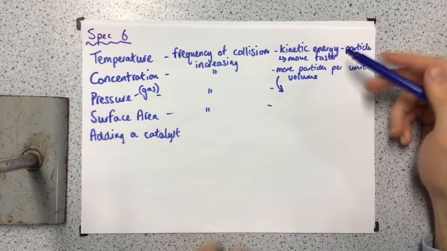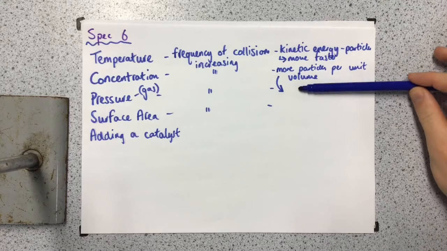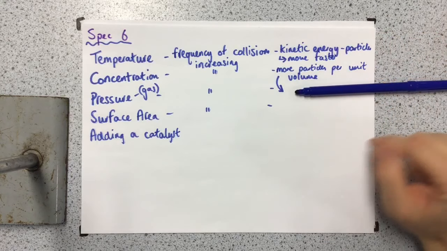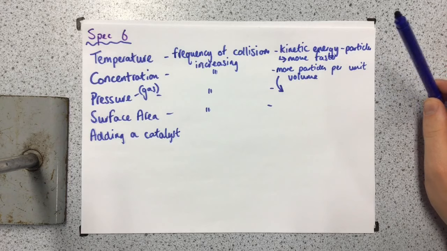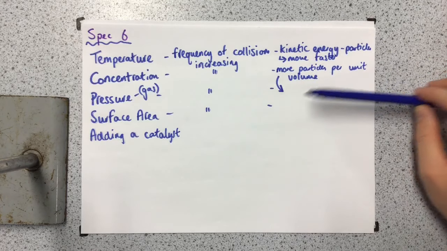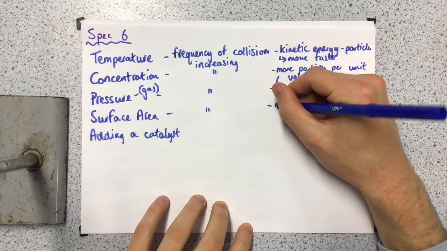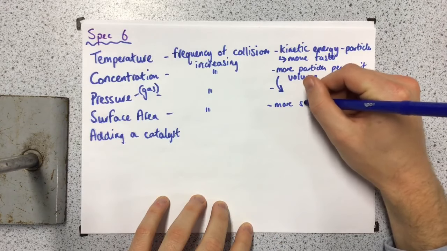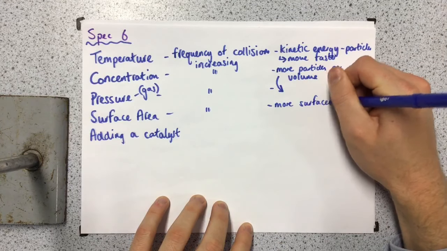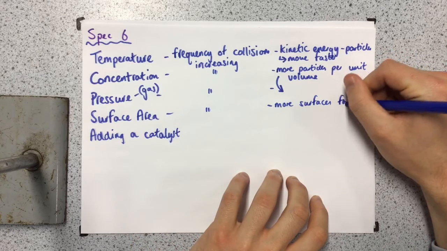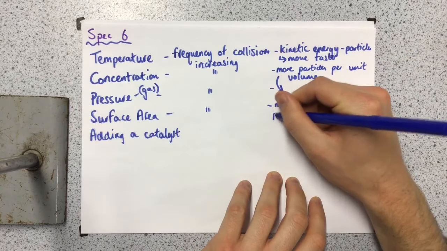If you've got 2 reactants, one of them, say, is a strip of magnesium and you're putting that into acid, if you cut that piece of magnesium up or you use magnesium powder, then straight away you've increased the surface area, so there are more surfaces for the reaction to take place at.